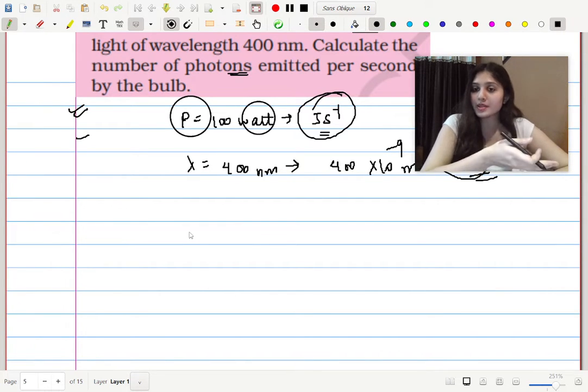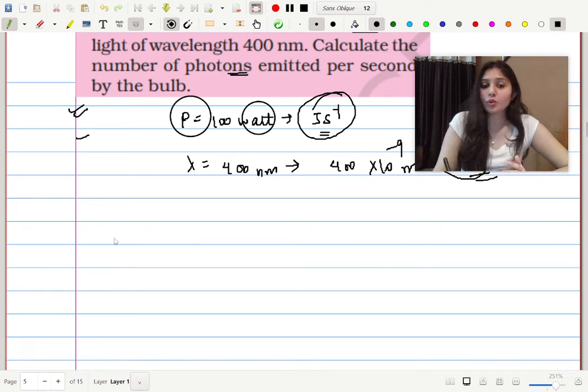If someone asks you how many pens you have bought, what will you do? You have 100 rupees and you bought 10 pens, so 100 divided by 10, which means you bought pens of 10 rupees each. Clear?